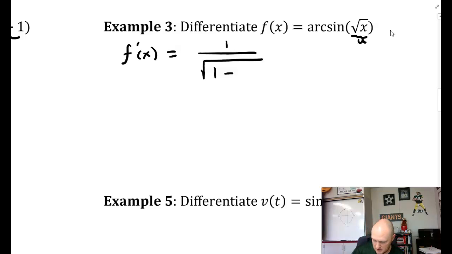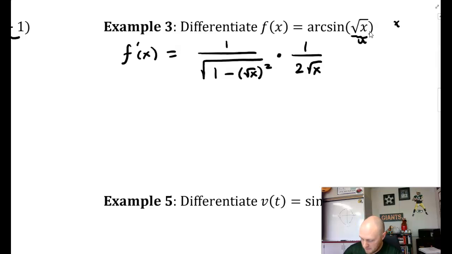There's a function there, so that's the square root of x squared, which we'll clean up in a second, times the derivative of this. Well, the derivative of the square root of x is 1 over 2 root x. Okay, and again, if you're struggling with that, just represent it as power 1/2 and use the power rule, and you'll end up with that.